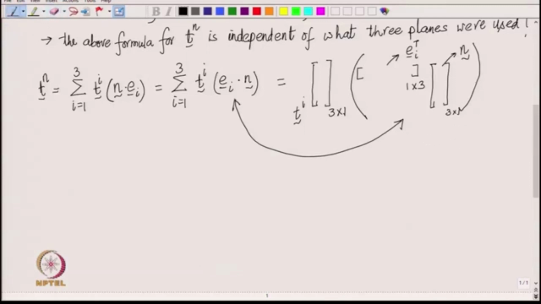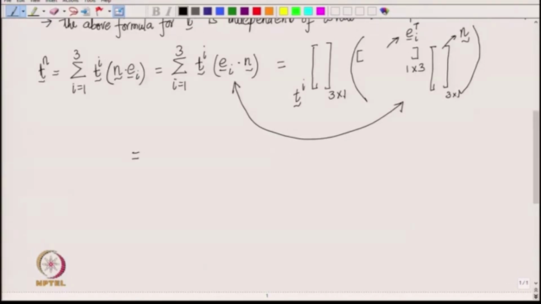Now, you also know that matrix multiplication is associative. So, you could also write this as Ti and then Ei transpose. We first work out the product of these two and then multiply with n.